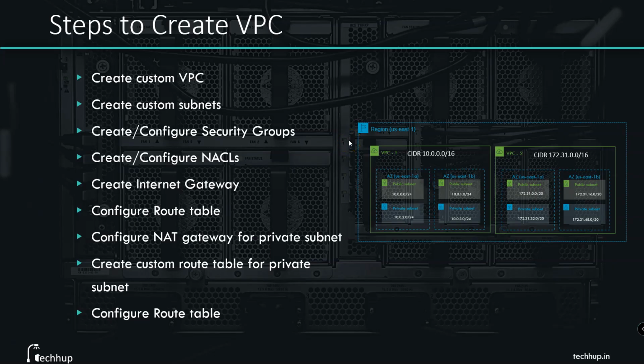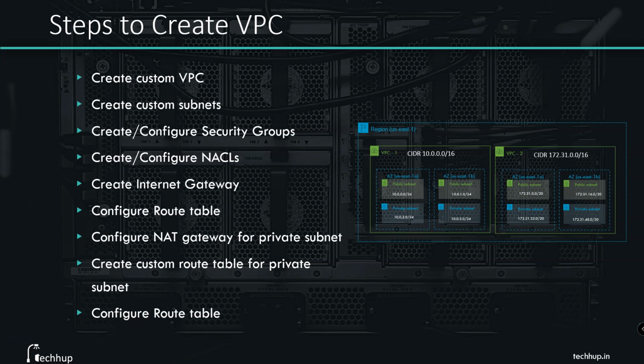So with this, we see that with the VPC and more approach, or the wizard approach, we are able to achieve the desired architecture in one go, as against a VPC only approach wherein we'll have to go through each of these steps individually before we could achieve the desired architecture.